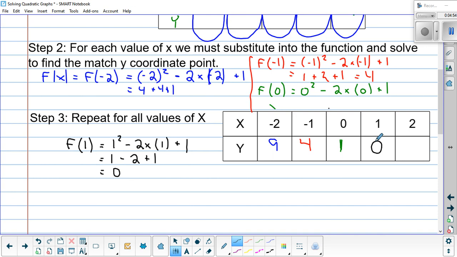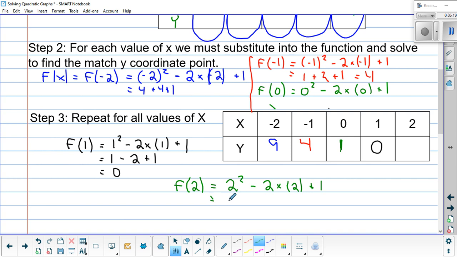Last one, I'm going to do this one in green. So I'm going to evaluate f at 2. So we're going to plug that in. So we have 2 squared minus 2 times by 2 plus 1.